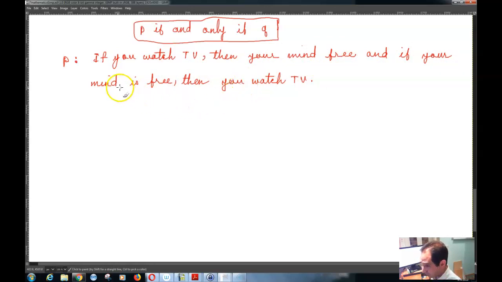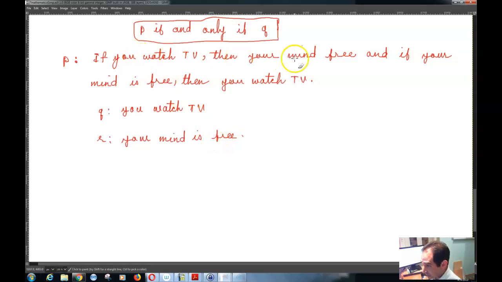So then you can define two statements, for example Q, you watch TV, and statement R, your mind is free.